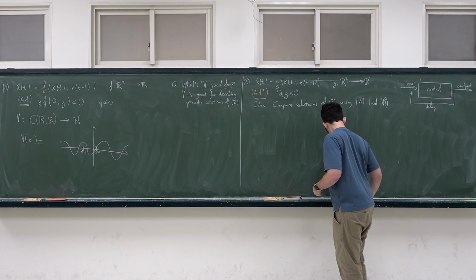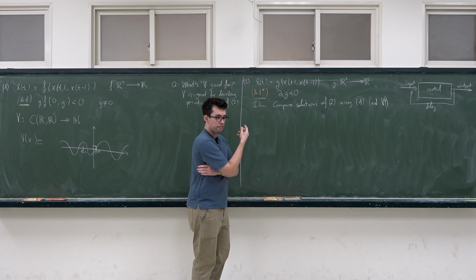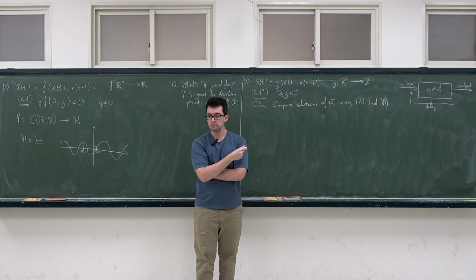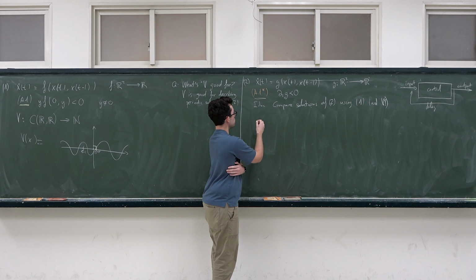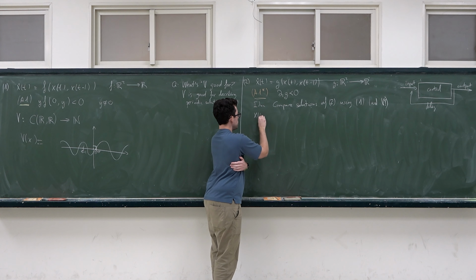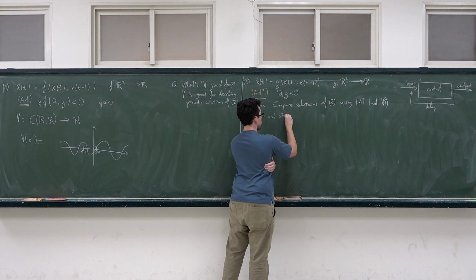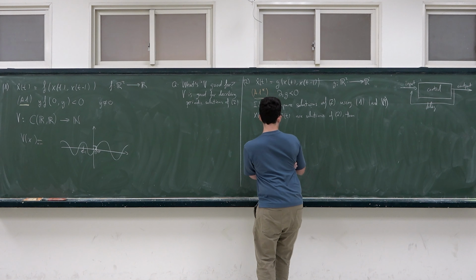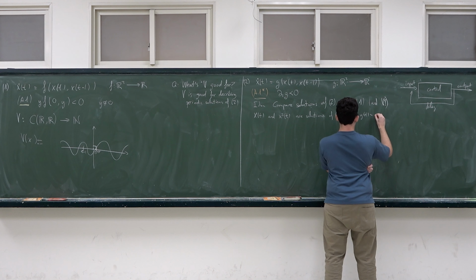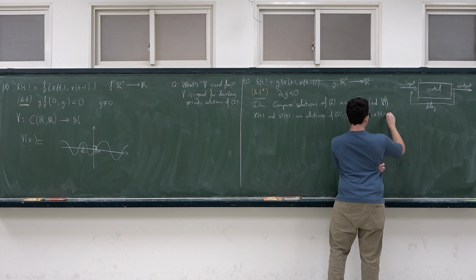Notice the following. Let me take 2 different solutions of 2. Please stop me anytime if I'm too fast, or if there are any questions. Say that x1 of t and x2 of t are solutions of 2. Then write y of t equals x1 of t minus x2 of t.